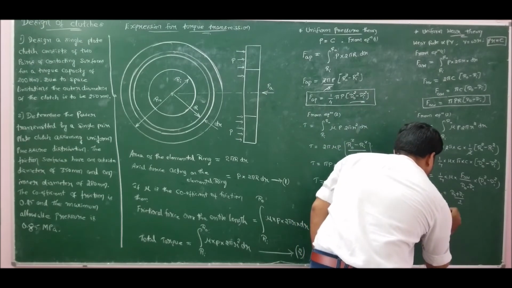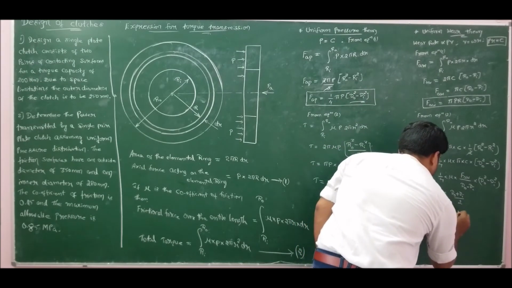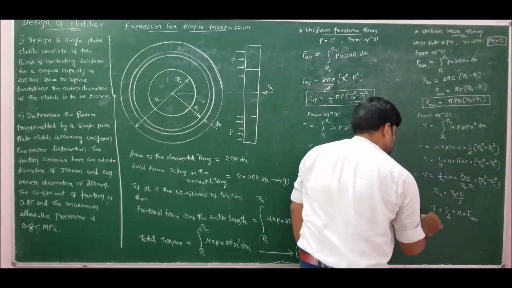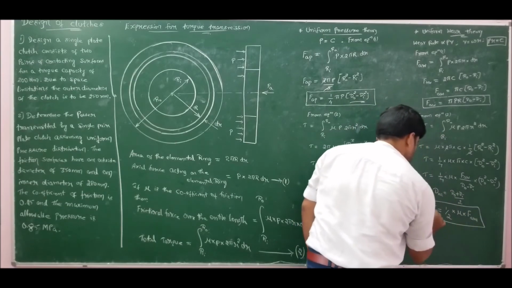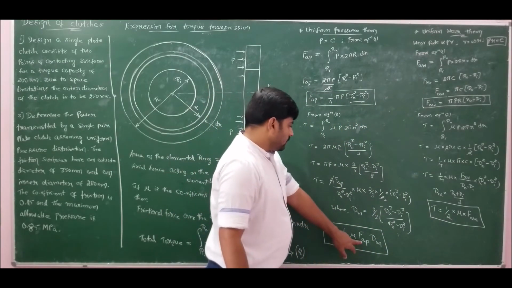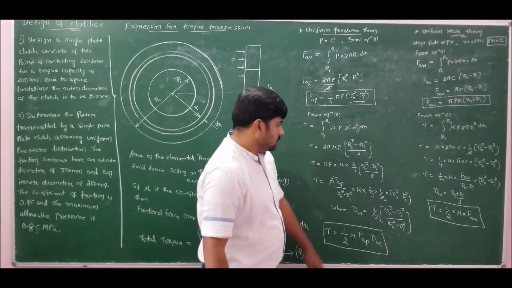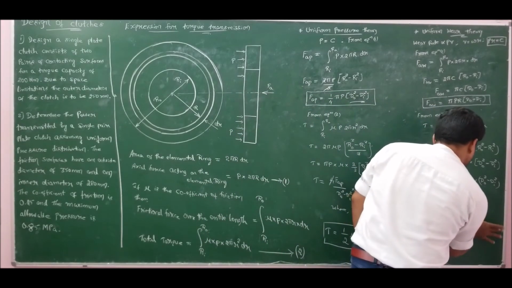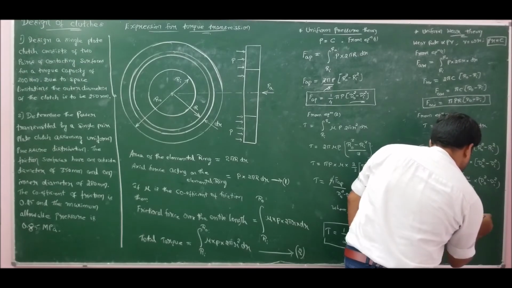Hence torque is equal to 1 by 2 times mu times FAW times dm. If you observe, we got the same form of answer, whereas the values of FAP and FAW differ, and also the value of mean diameter will differ. Here also we will get the mean diameter dm.